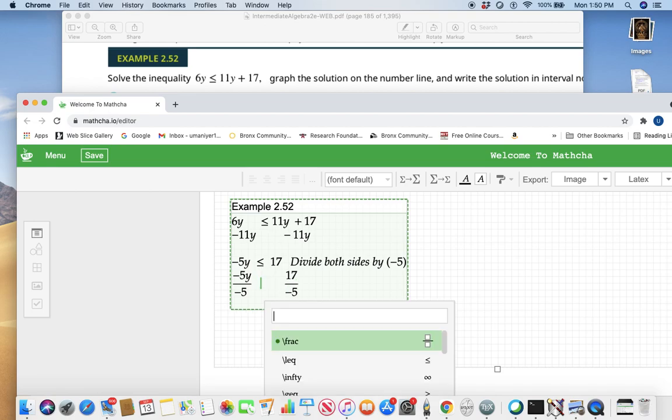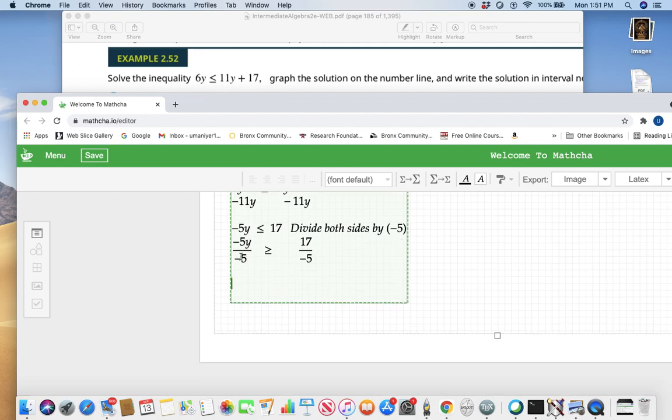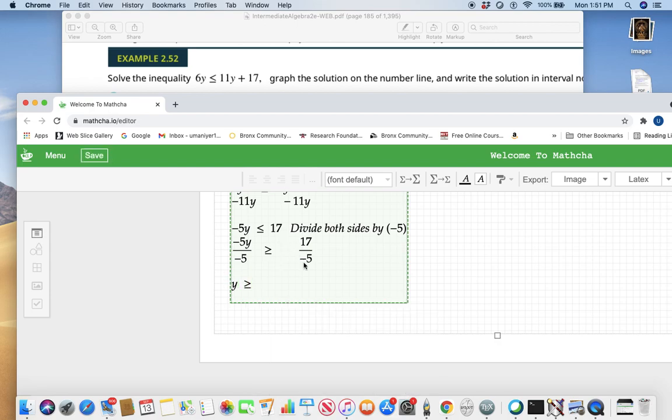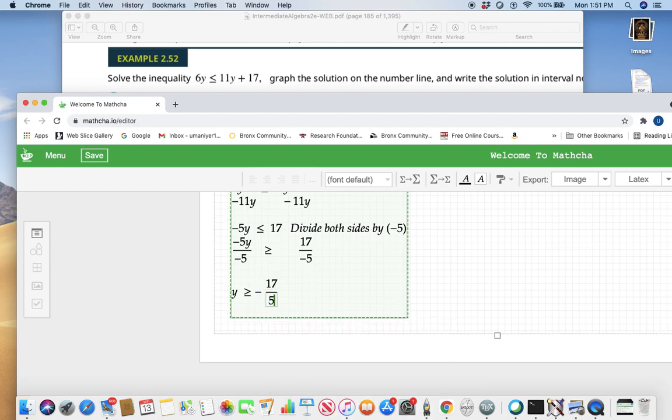Less than or equal to becomes greater than or equal to. All right, so remember, division by a negative number changes the inequality. Negative 5 cancels negative 5. Y is greater than or equal to. Positive over negative is negative, fraction 17 over 5.